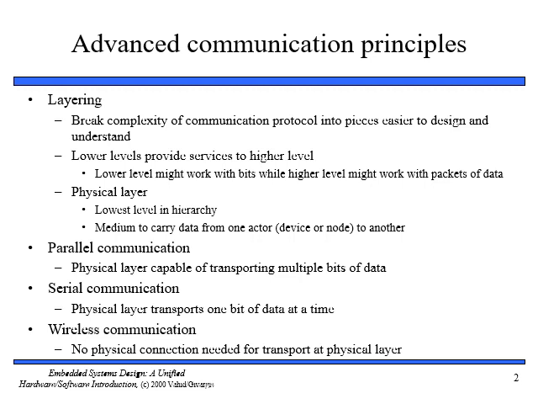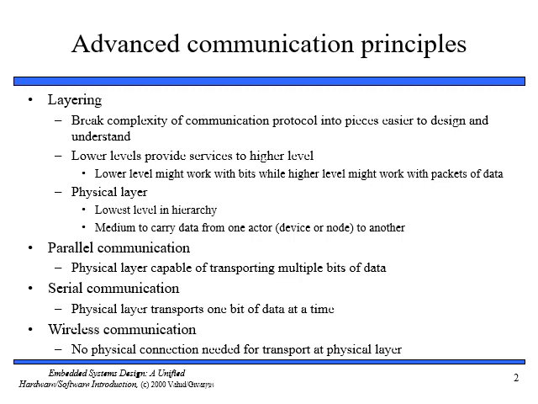The lowest level in layering is the physical layer. It's a medium to carry data from one point to another point or from one actor to another node. There are three most widely used communication types: parallel communication, serial communication, and wireless communication.